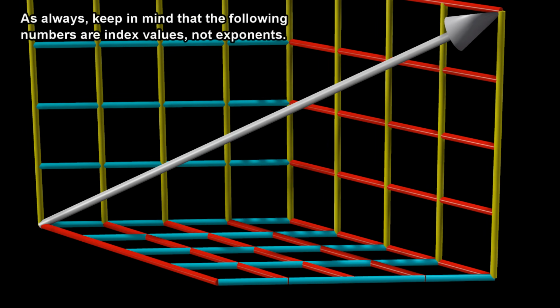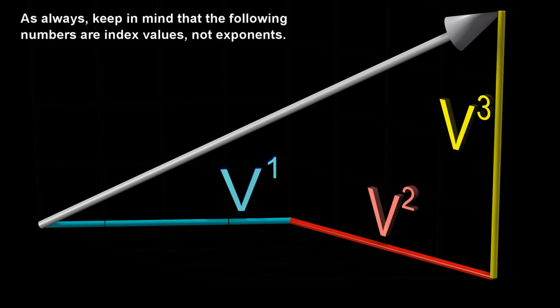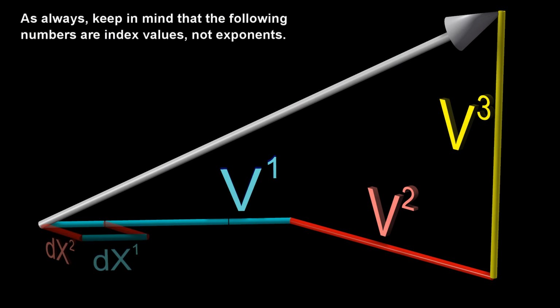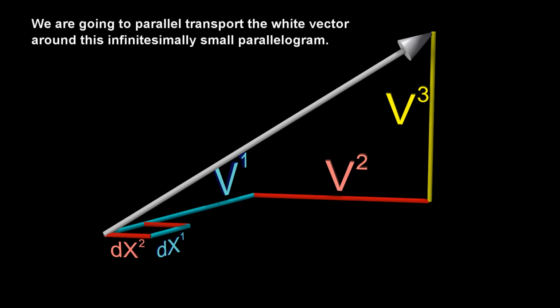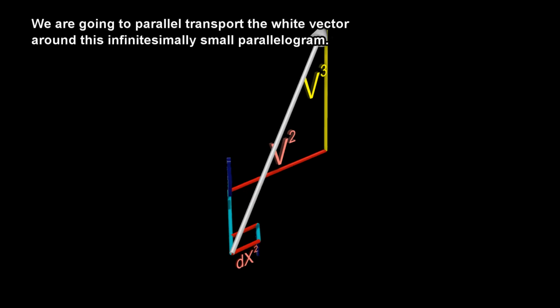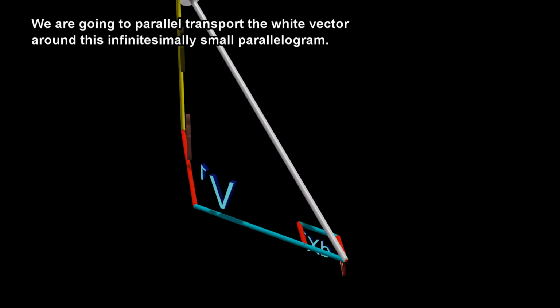As always, keep in mind that the following numbers are index values, not exponents. We're going to parallel transport the white vector around this exceedingly small parallelogram.